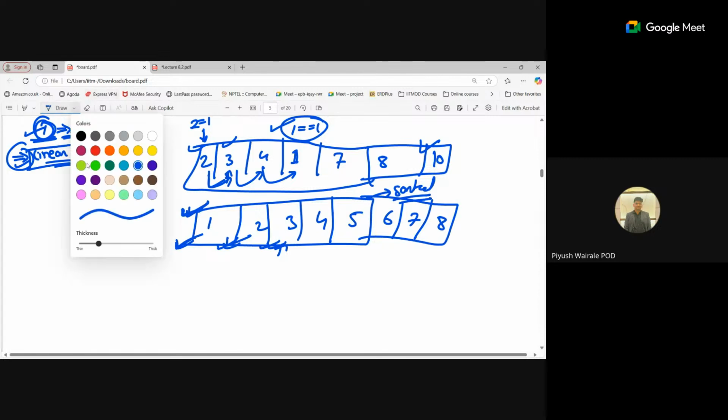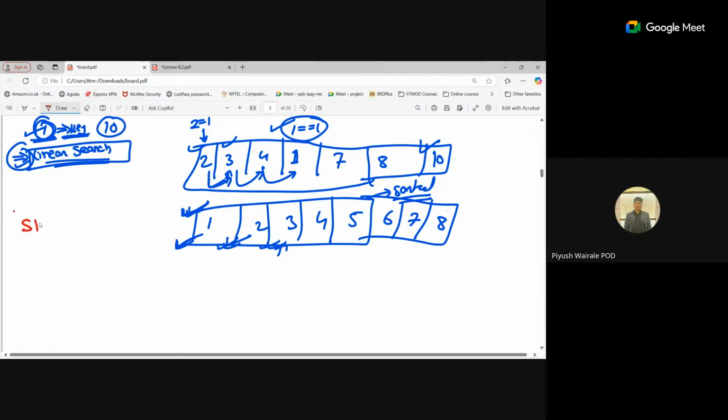Now my search key is 6. In this case, what will happen if I apply linear search? One comparison, second comparison, third, fourth, fifth comparison. At the sixth comparison, I will find that particular element. But I already know this array is sorted. So can I apply a different technique here to search this particular key?